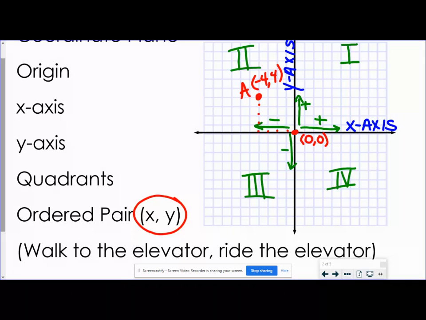When we're graphing points, I want you to walk to the elevator and then you ride the elevator. So imagine that the x-axis is the floor. If you're going to walk, you're going to go sideways, either left or right. So we went to the left 4 and we ended up right here. And then we rode the elevator and we went up. So you have to go sideways first and then you have to go up and down.